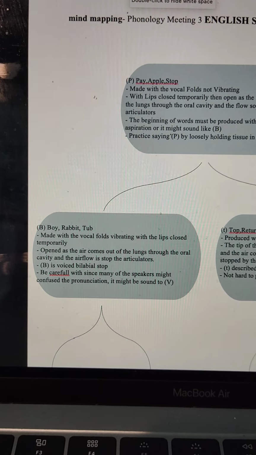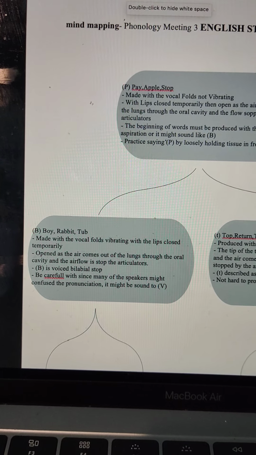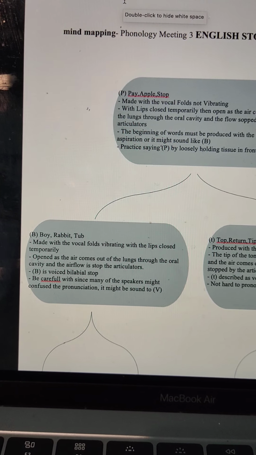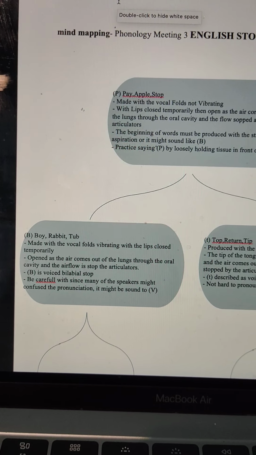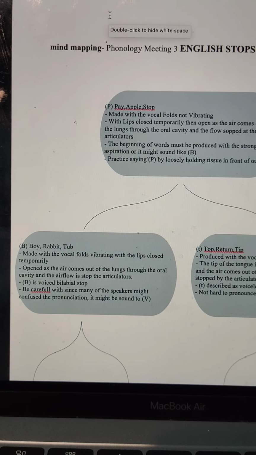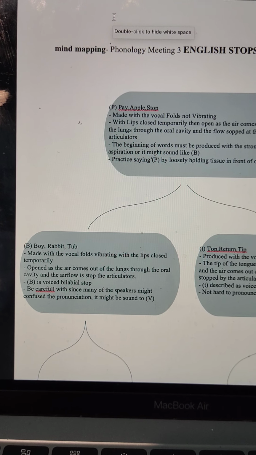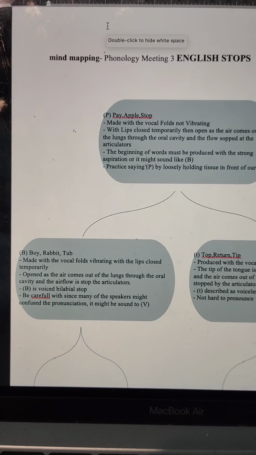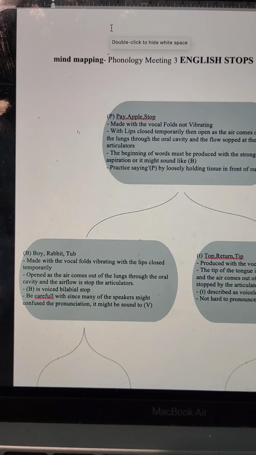For example, we want to say rope, but when we don't say it clearly, the listener will hear it as a different word. So make sure that we say rope clearly, or other people will hear something else. For example, cab will sound like cap.